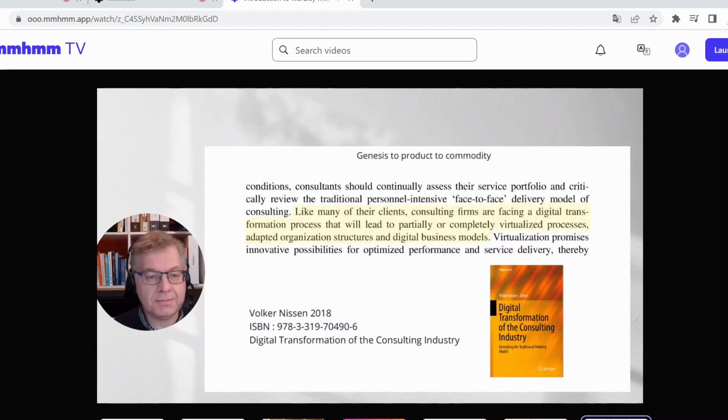A research report pointed out that consulting firms are facing digital transformation too, just like their customers, and should act upon that.